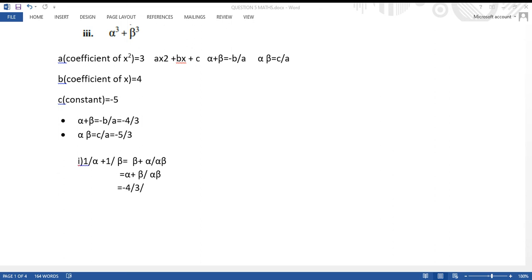How did you get to that? We find our common denominator, which is alpha beta. After you find your common denominator, you say alpha beta divided by alpha, you get beta. Then alpha beta divided by beta, you get alpha. That's how we got these ones there.